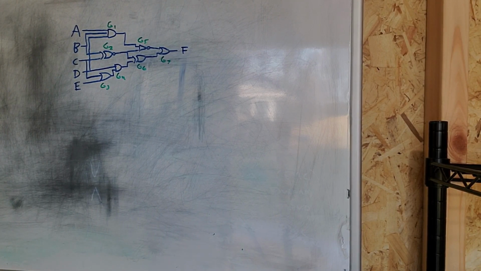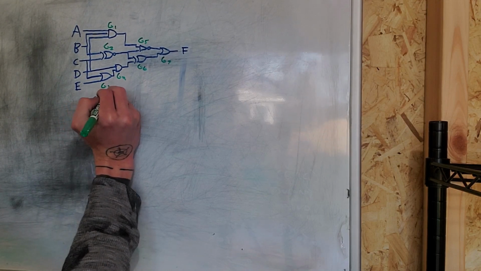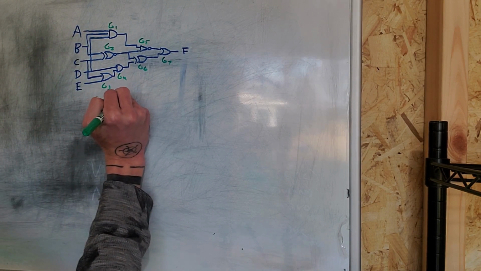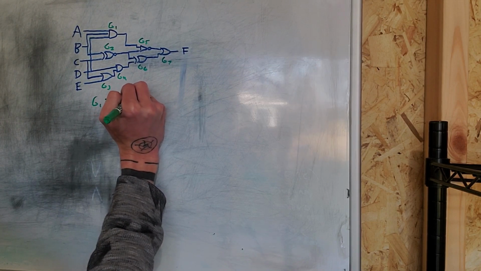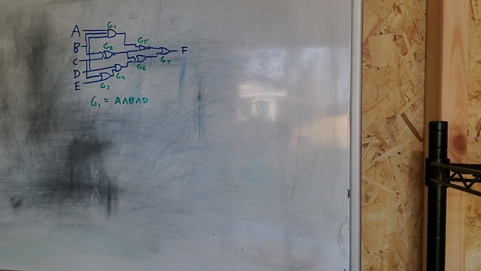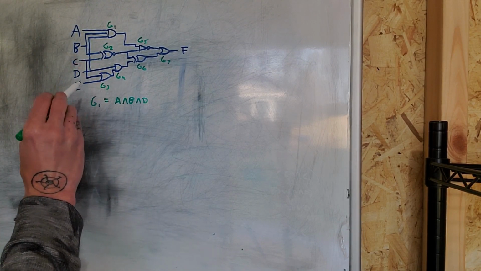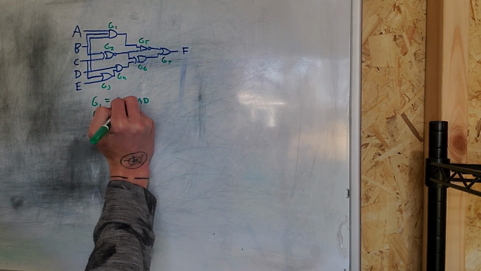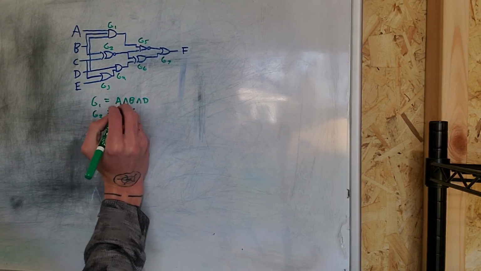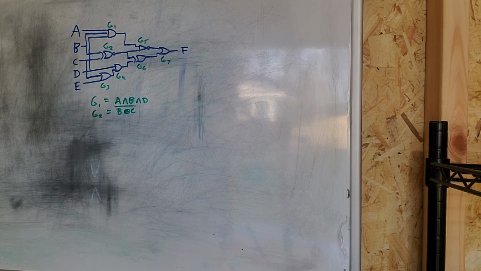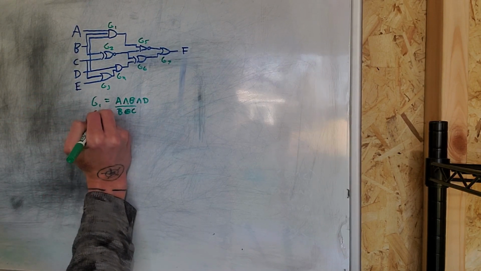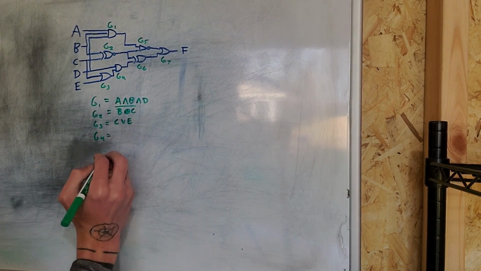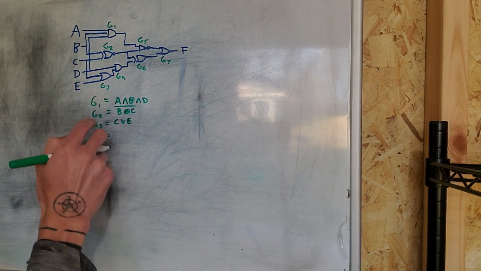So let's start with defining G1. G1 will equal A and B and D. G2 is B XNOR C. And then G3 would be C or E. So G4 would be D and G3.